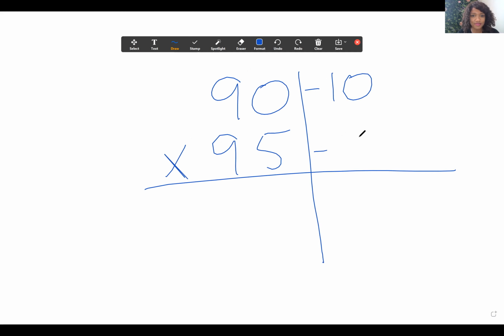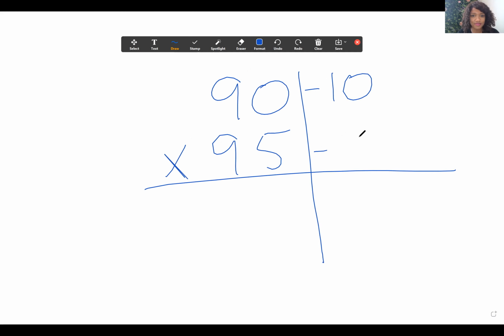Okay, so the first thing you have to do is multiply those two. That's easy. What's that? 10 times 5, Wesley. 50. Fantastic.